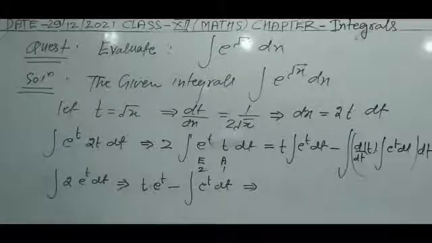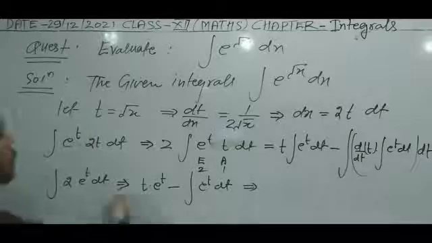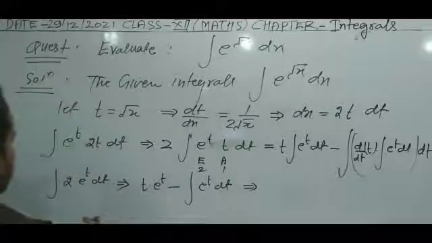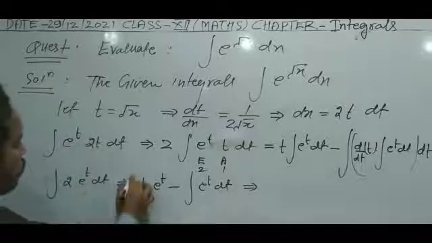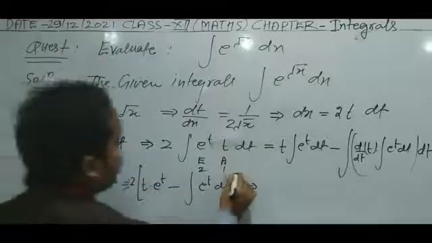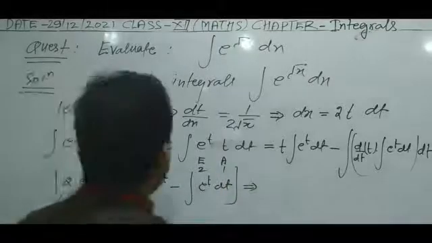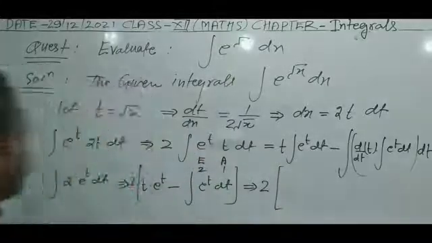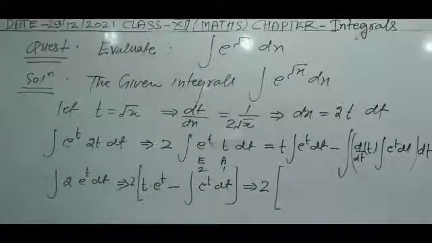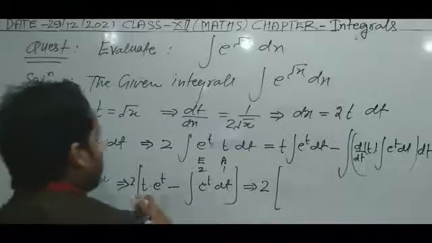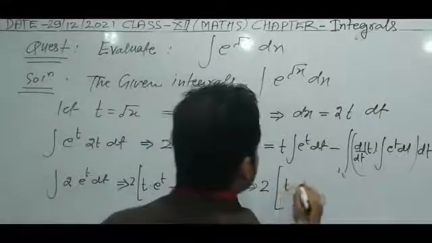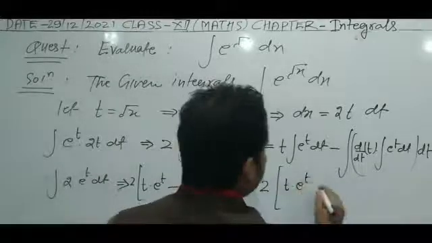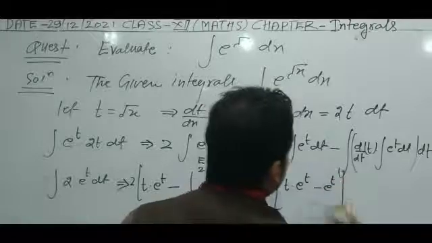So this is the 2 times, so 2 outside the bracket: 2 into t e to the power t minus e to the power t.